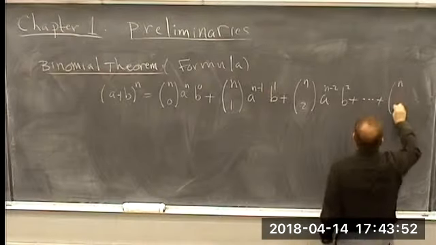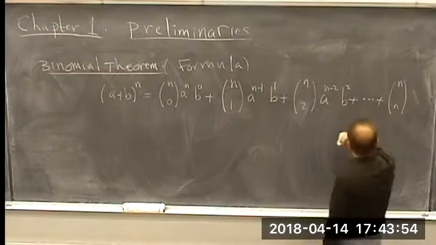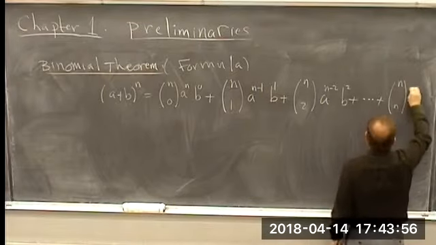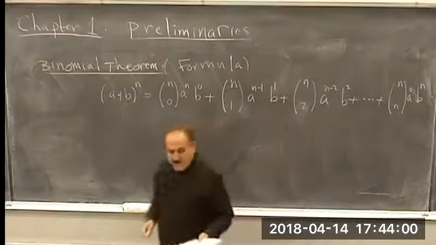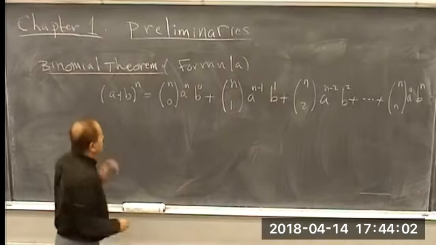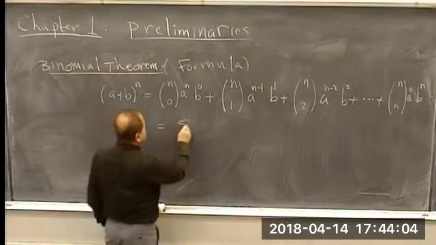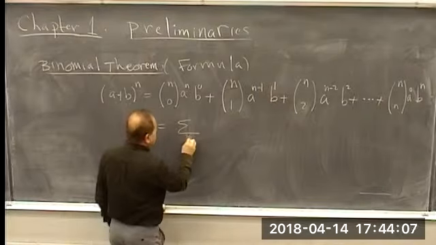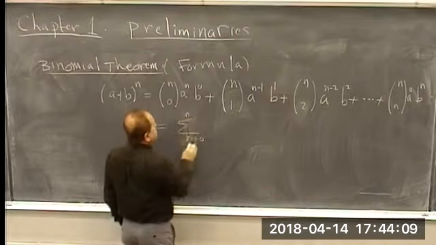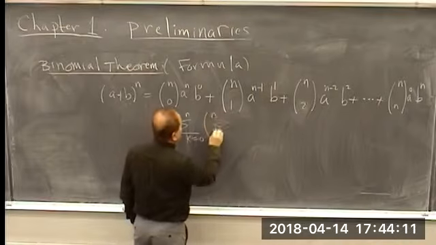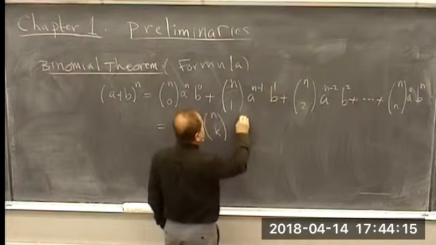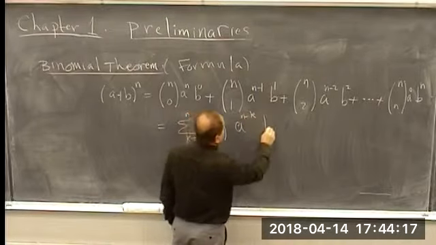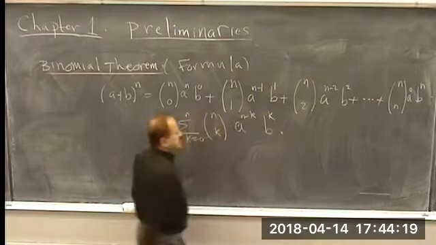So this is n choose n, and then the a becomes to the 0 and the b to the n. All right. A nice way to express this is using summation notation. So start k equals 0 to n, and then the binomial coefficients, and then we have a to the n minus k, then b to the k.